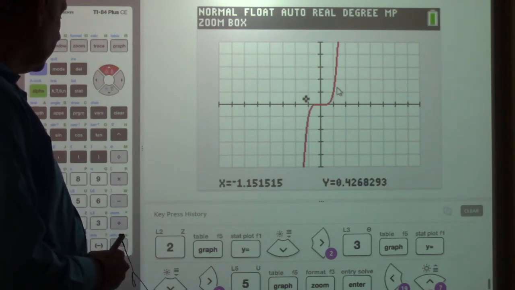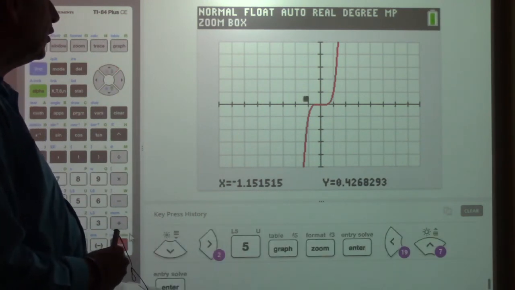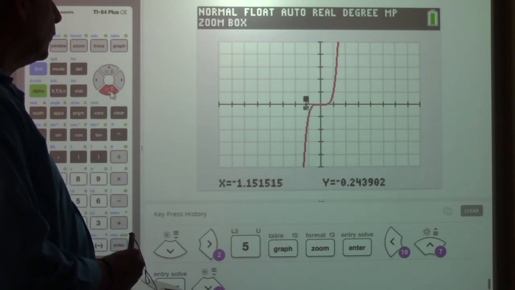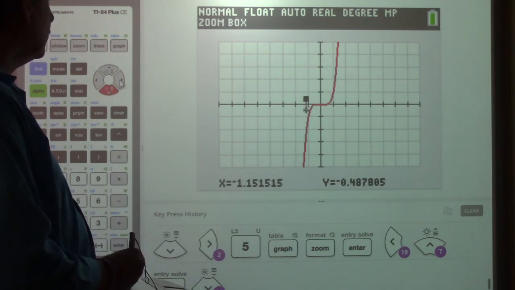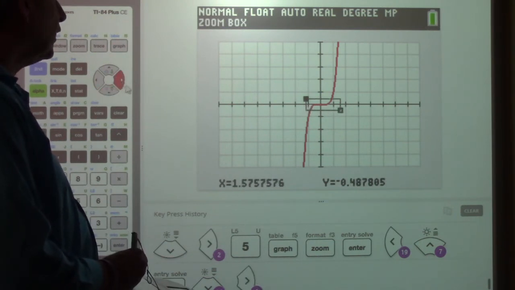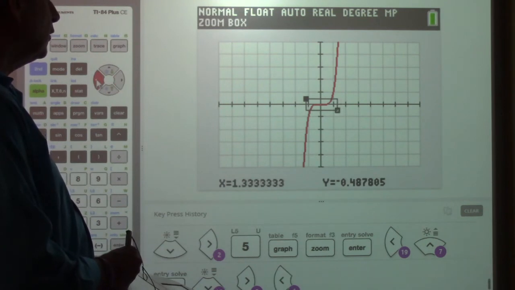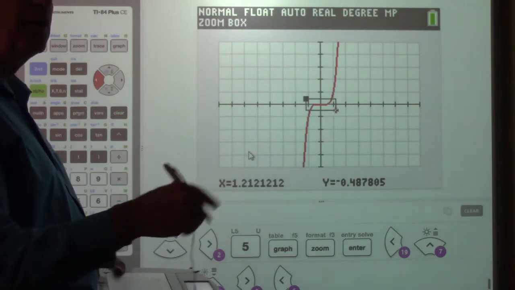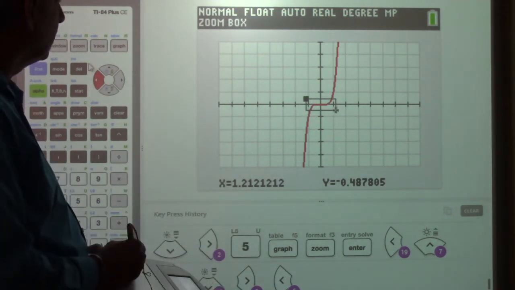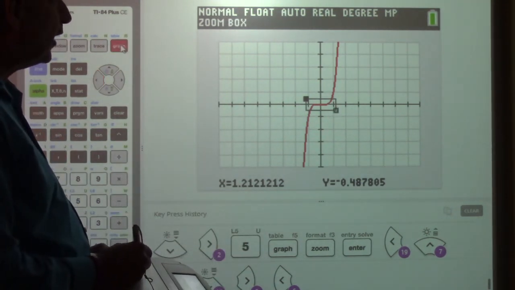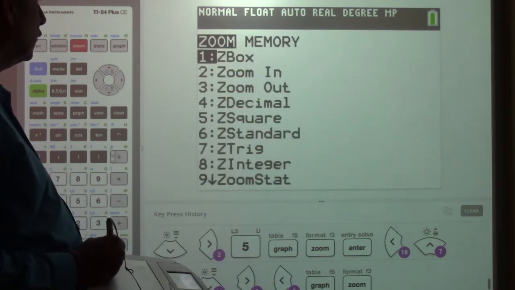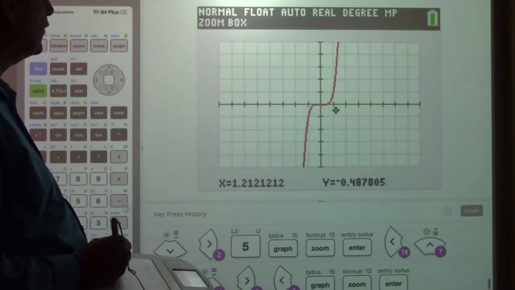You do this on your calculator. So press enter. And now we can move the other boundaries of the box. With this box, we're going to get a tighter view of what's really happening along the x-axis, because I think Madeline made a good observation, didn't you, Madeline? Yes. Now we're going to see what it looks like if we zoom in on it. Whoops. Zoombox, and try it again, because I was supposed to press enter.